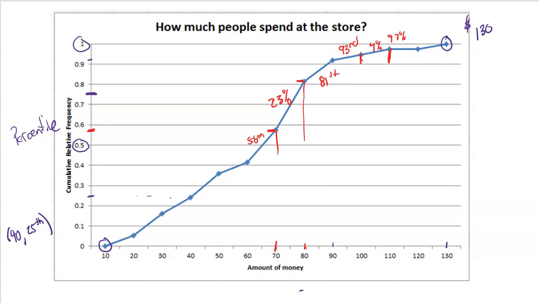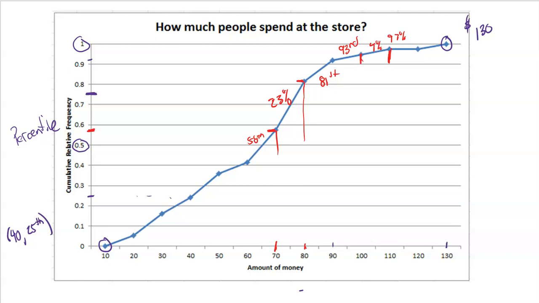So you could almost think of what a histogram would look like. From 10 to 20, there'd be a smaller amount of people. 20 to 30, that's a good chunk. About 10% of people would be there. And then from 60 to 70, we see a pretty big chunk. That'd be a higher bar in my histogram.